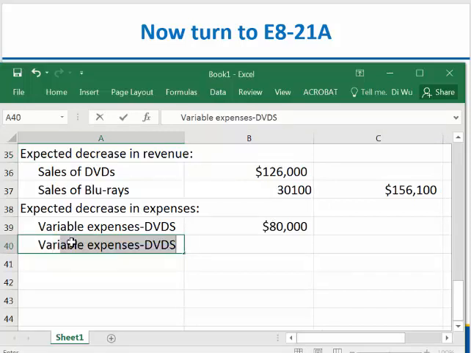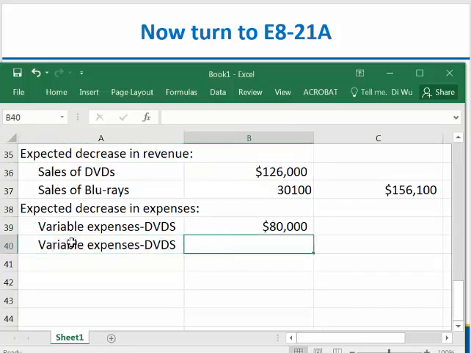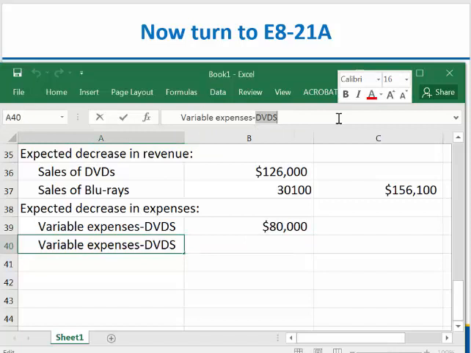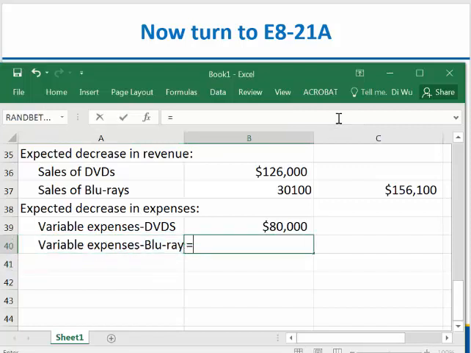The next one is the variable expenses associated with the Blu-ray discs. Keep one thing in mind: we only lose 10% of sales. So all you have to do is go back to the variable expenses and multiply that by 10%. This requires a little bit of calculation.